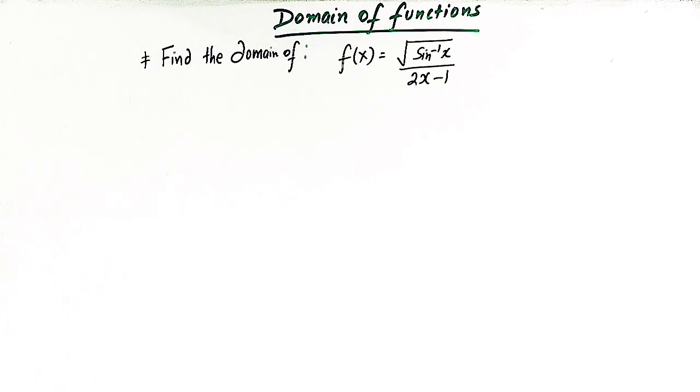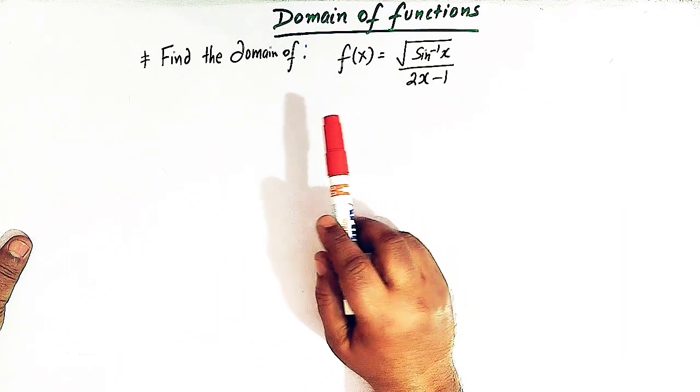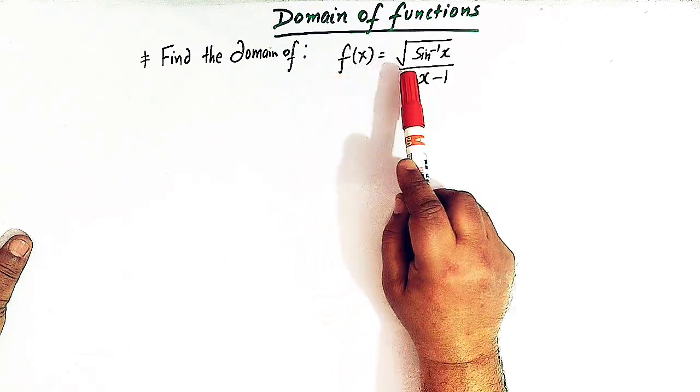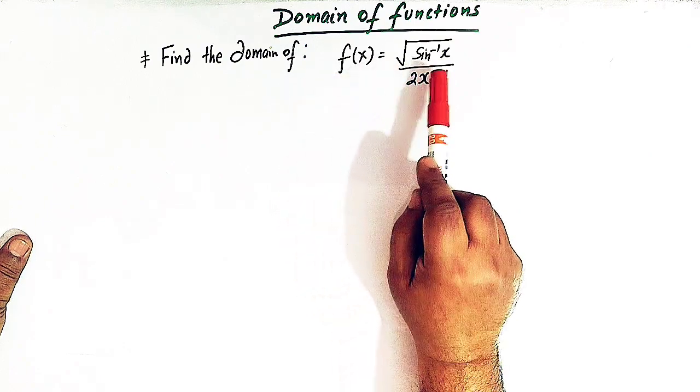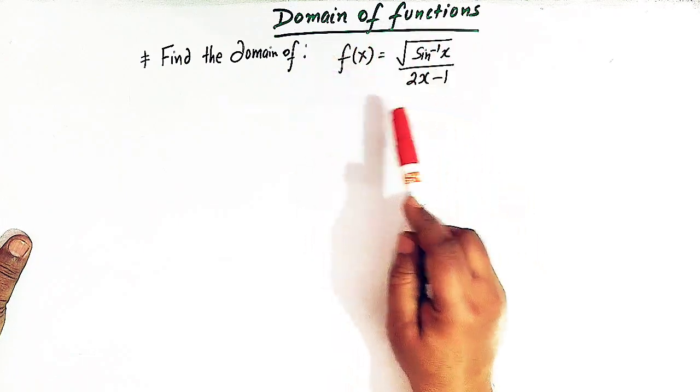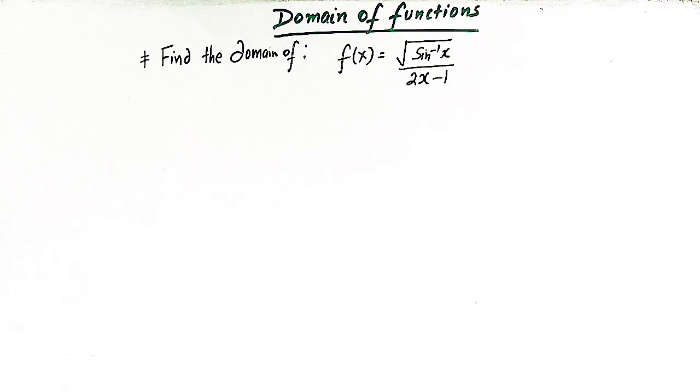Hello viewers, in today's session we are going to discuss yet another important and conceptual problem from domain of functions, right? So here we have a new problem in which we are given a function f of x is equal to square root of sine inverse x divided by 2x minus 1, and we have to find out the domain of this function, right?